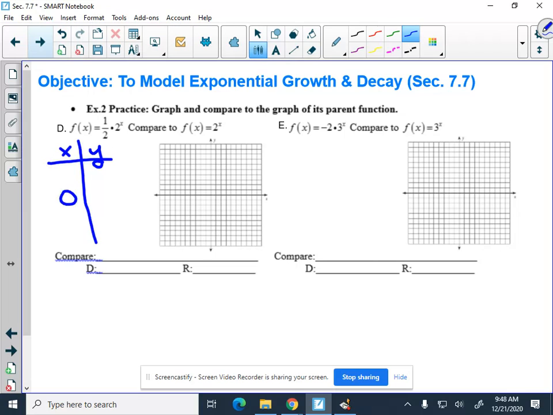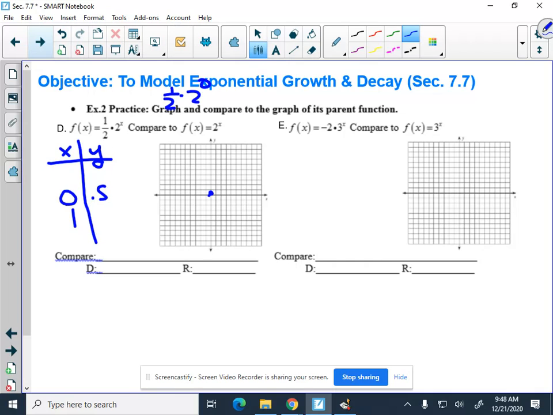If I put in a 0, 1/2 times 2 to the 0. Now, you may need to use your calculator to do this. 2 to the 0 would be 1, but then it's times 1/2. So when you put this one in, it should get you 1/2. So instead of 0, 1, you should get 0, 1/2 tall.